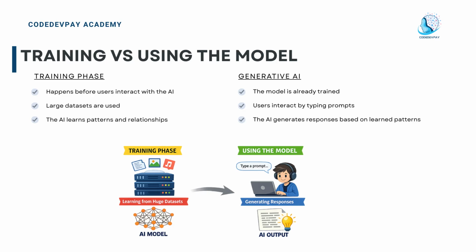Users interact by typing prompts, and the AI generates responses based on learned patterns. And one thing we should know is that during the usage phase, users are not training the model during normal use.